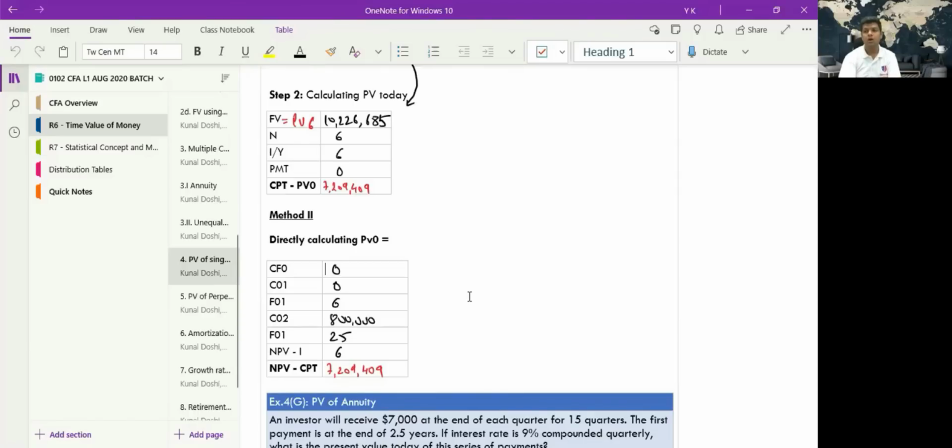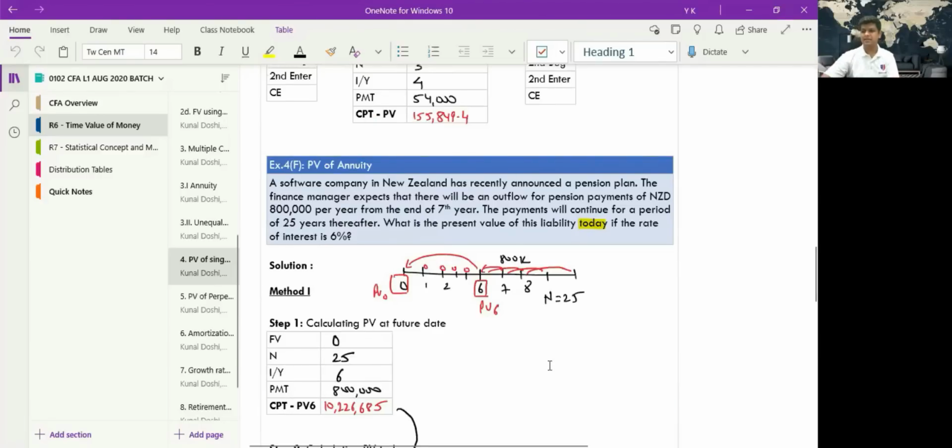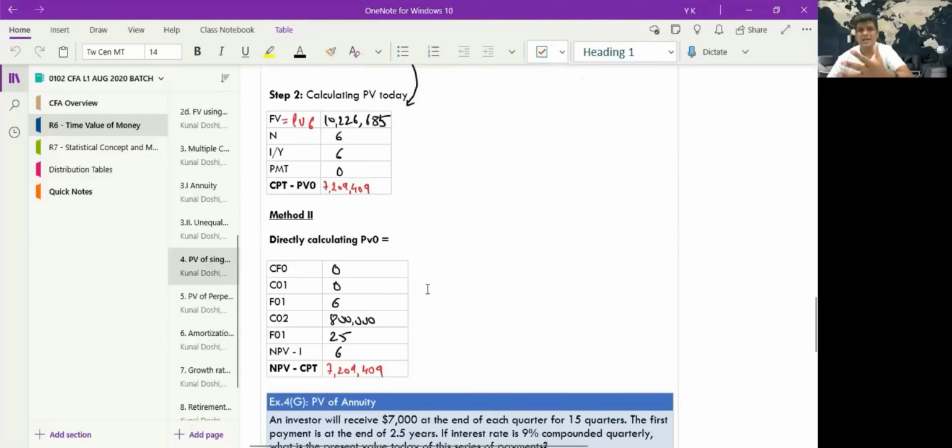Now, guys, if the question asks you, like in this question, directly for the present value today, directly PV0, right? Well, in that case, it's of course visible that the second method that you saw is going to be easier and quicker.